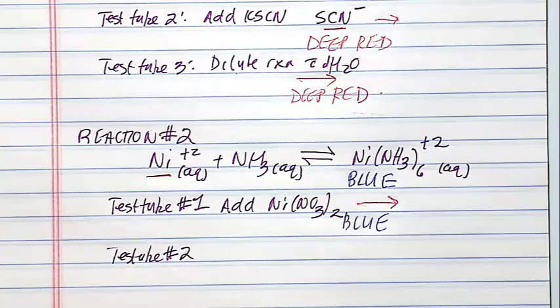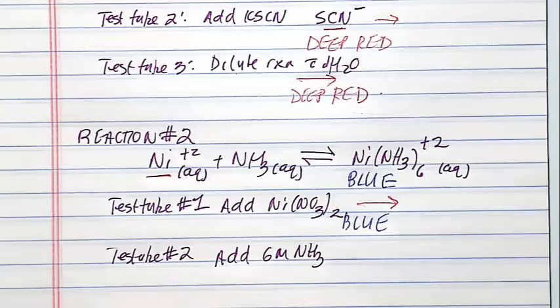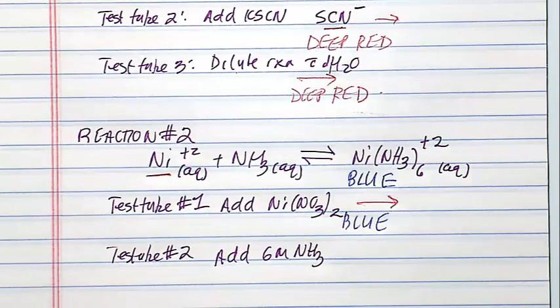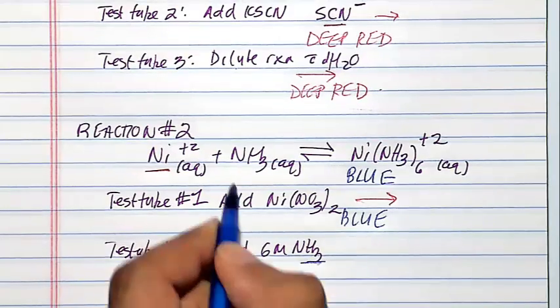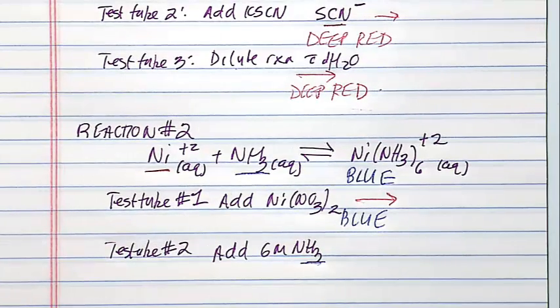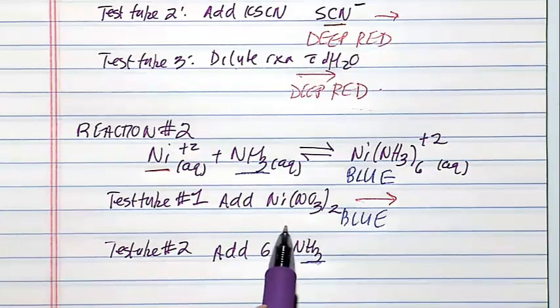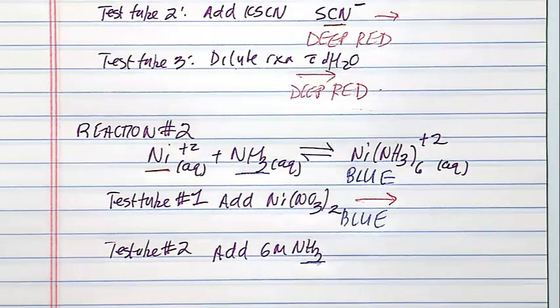Test tube number 2, you will add 6 molar ammonia. That's a pretty concentrated amount of ammonia, so it's probably going to smell like that Pine-Sol or ammonia smell. What happens to the equilibrium? What are you adding here? Okay, you're adding more of the reactant. The equilibrium will offset whatever you've added, so the compensation will go towards the reactant side or the product side?